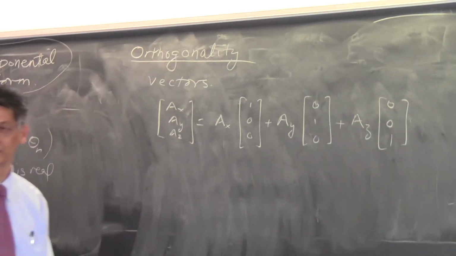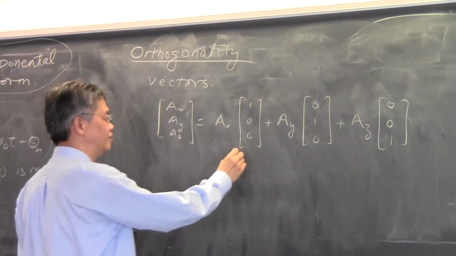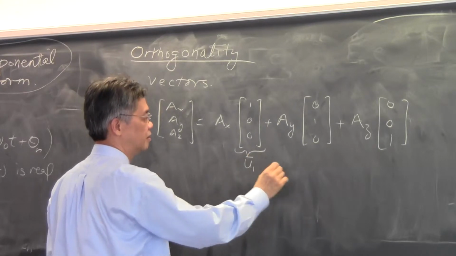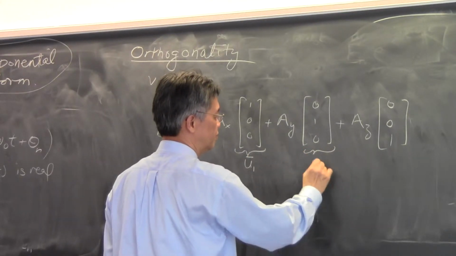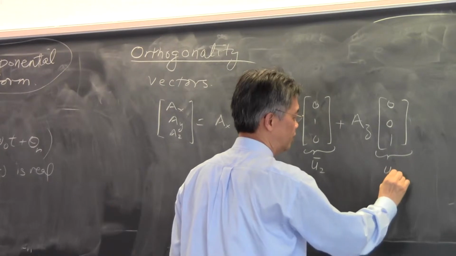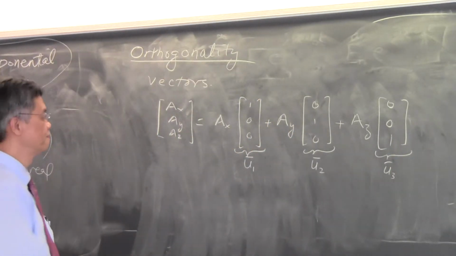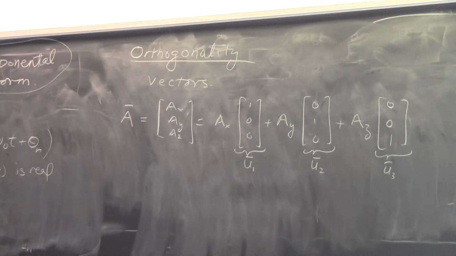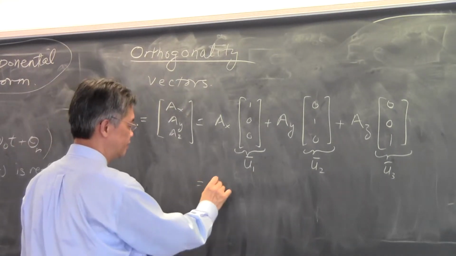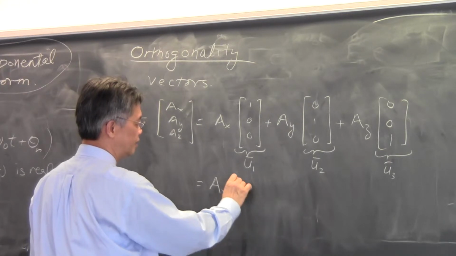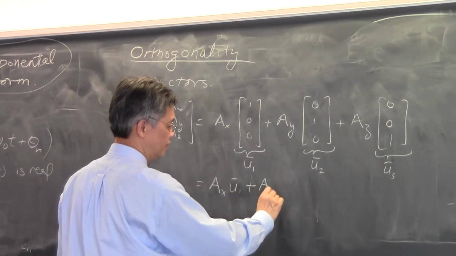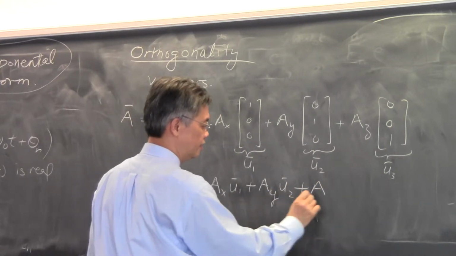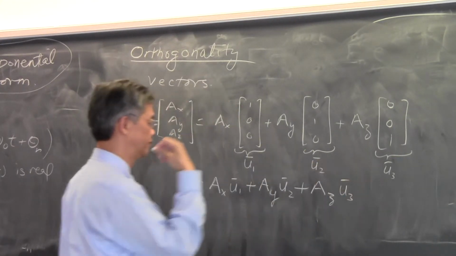I can call these unit vectors, U1, U2, U3. Hence, any vector A can always be expanded in terms of unit vectors: AX U1 plus AY U2 plus AZ U3.